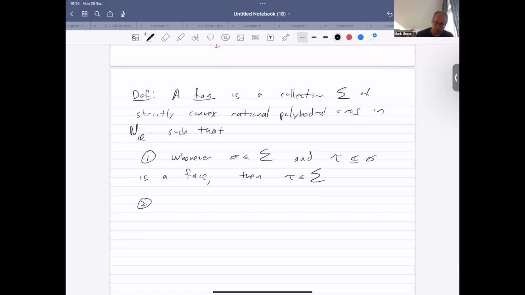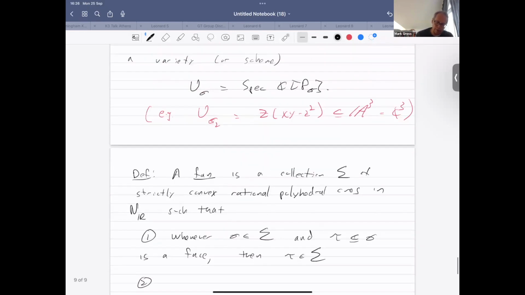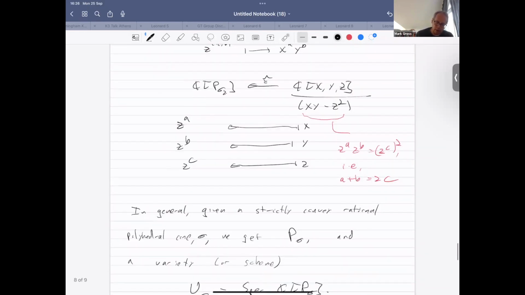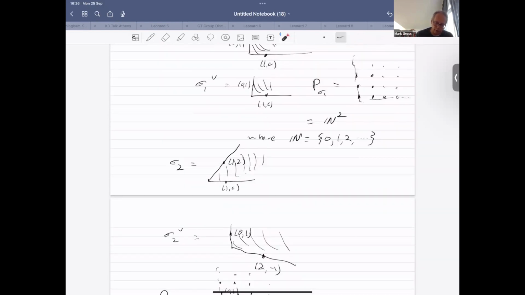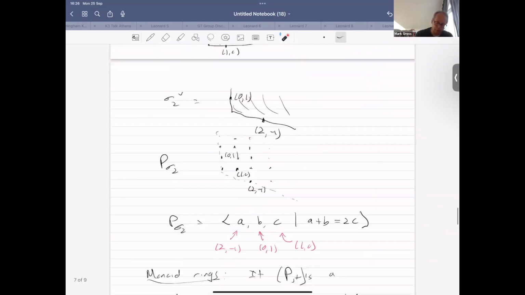So, of course, I hope it's intuitively obvious what face means. For example, with this cone sigma 2, the faces of sigma 2 are sigma 2 itself, this ray, and the vertex of the cone. Those are the faces of sigma 2.